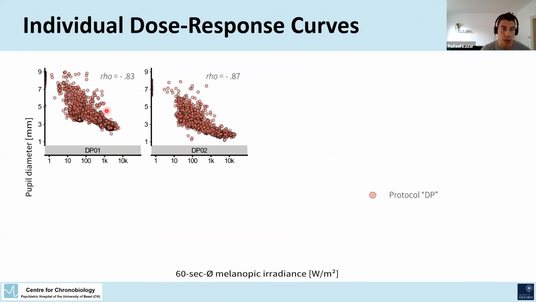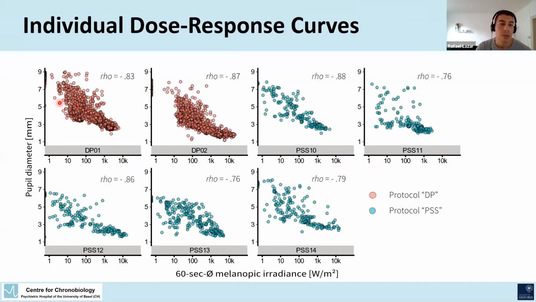So this would be one individual having the data there. And on the x-axis, we have this averaged melanopic radiance in the last 60 seconds before pupil size. And then we have the pupil diameter on the y-axis. And as you can see, there's very stable prediction in the bright light and a more fuzzy prediction in the dim to medium light, which is consistent across participants, and we have high rank correlations all the way.